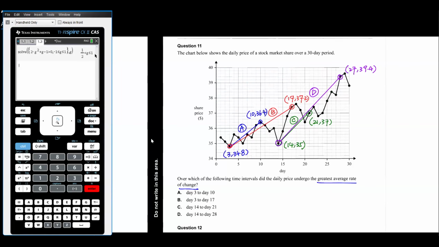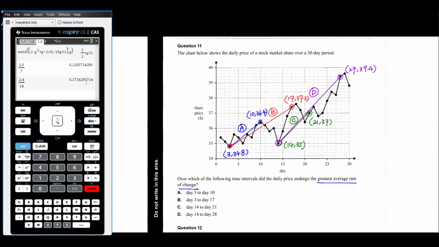For example, the first one, 6.4 minus 4.8, that would be 1.6 divided by 7. That gives you 0.228, that's option A. And the second one is 7.2 minus 4.8, that should be 2.4 divided by 17 minus 3, that's 14.